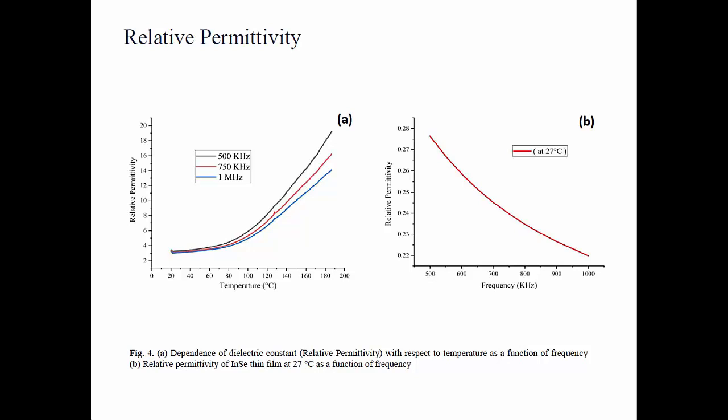So we made an MSM structure, and we probed the dielectric constant of that material at different temperatures, from room temperature to 200 degrees Celsius, and at different frequencies: 100 kilohertz, 500 kilohertz, and 1 megahertz. As the temperature increases, the relative permittivity also increases, and when the frequency increases, the relative permittivity at a fixed temperature decreases.